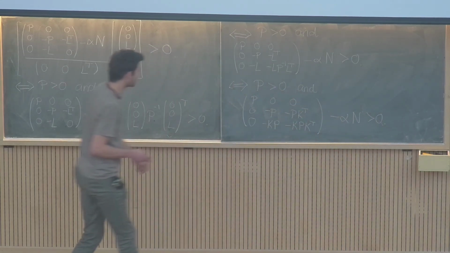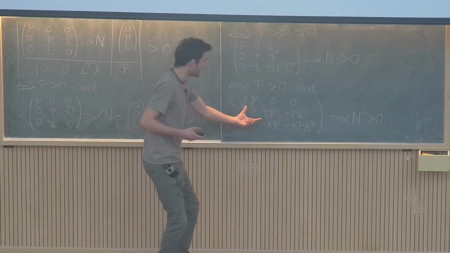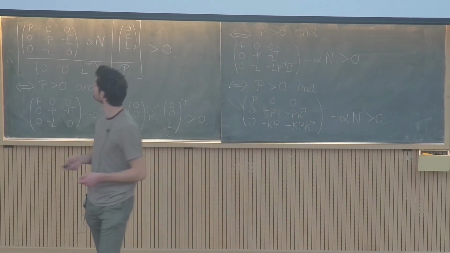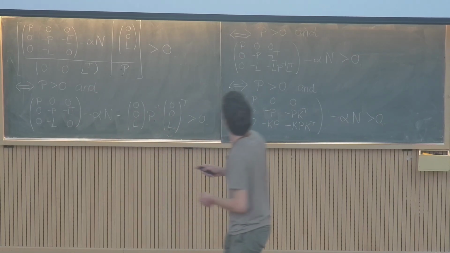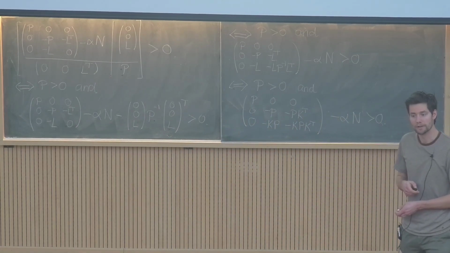Minus alpha N is positive definite. And you see that this is precisely M minus alpha N is positive definite. Right? So then by the previous result on this slide, the data are informative.